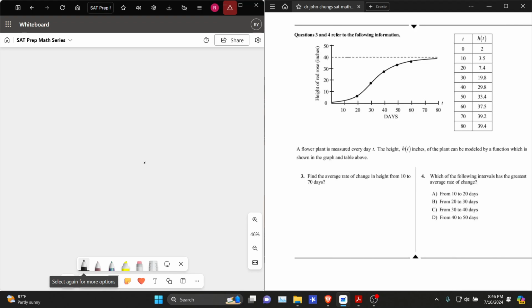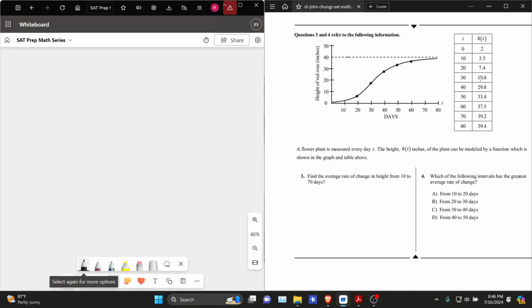There's a 12.4 height difference. And then from 30 to 40, there's a 10 height difference. And from 40 to 50, that's less than 5 difference.